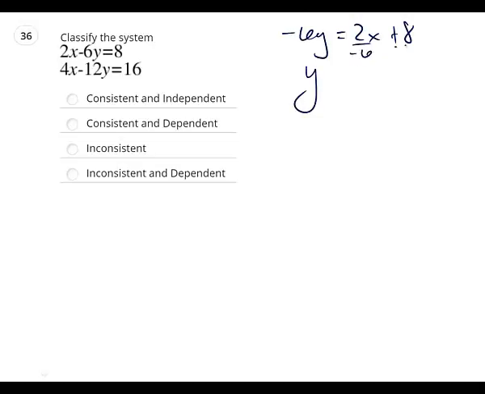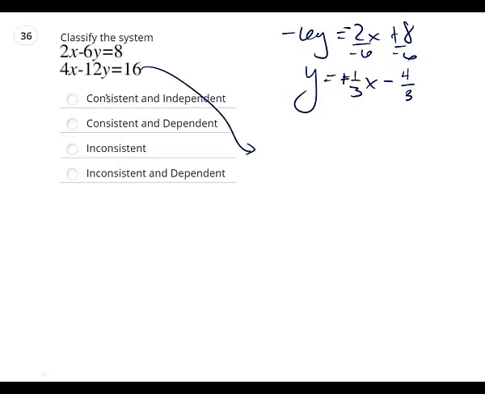If I divide by negative 6, y equals negative 1/3 x minus what? Would you switch the 2x to negative? Yes, I would. Thank you. So it's going to go positive. What's the 8/6 reduced to, guys? 4 over 3. So that's my first equation.